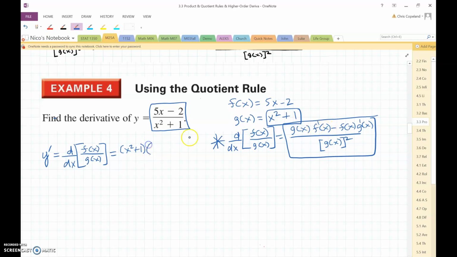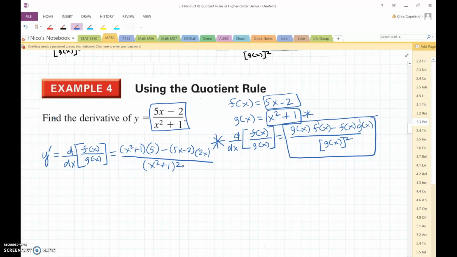F prime of x, well, if we take the derivative of 5x minus 2, that's going to be 5, minus f of x, which is 5x minus 2, times the derivative of g of x, which would be 2x, and then all of this is divided by g of x squared.